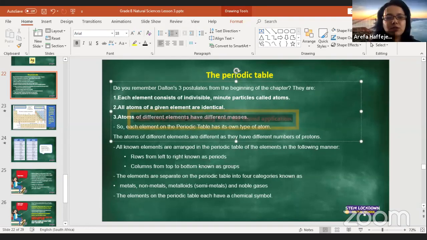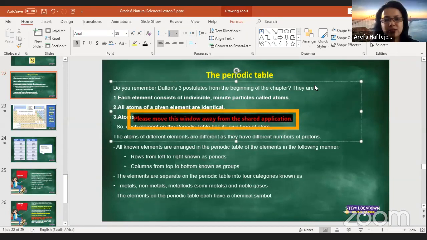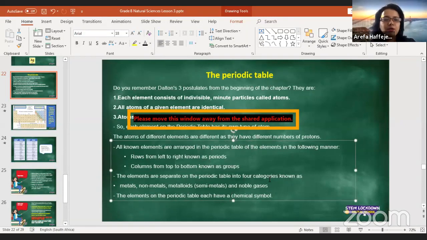Now, atoms of different elements also have different masses. So each element in the periodic table has its own type of atom. The atoms of different elements are different, and they have a different number of protons. All known elements are arranged in the periodic table of the elements in this manner.